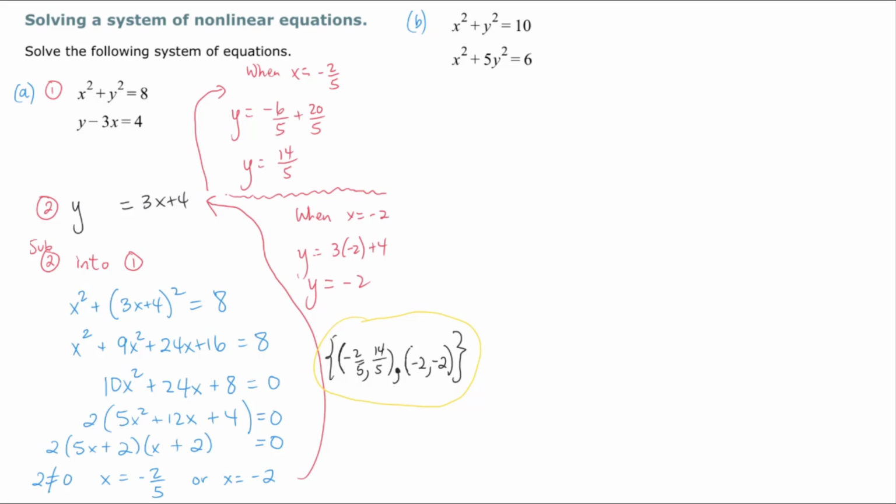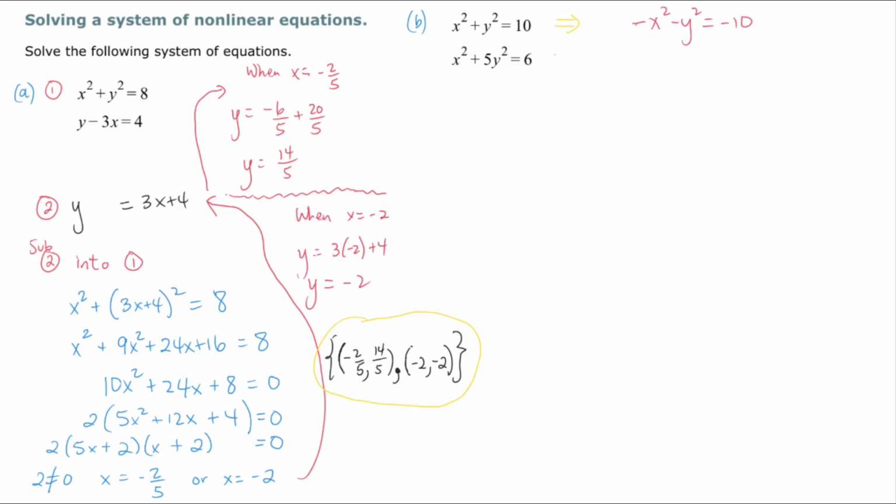I am going to do something a little bit different. I'm going to take the first equation and multiply it by negative 1. If you do that, you get negative x squared minus y squared is equal to negative 10. So multiply both sides of the first equation by negative 1, you get that.